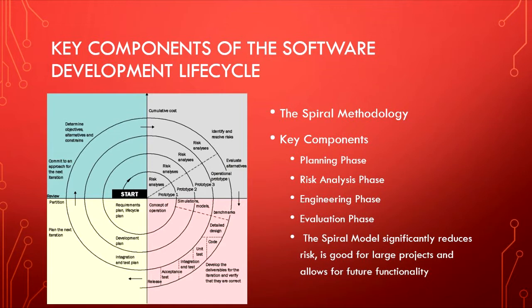Essentially, we are going to be following this model that will encompass the planning phase, risk analysis phase, engineering phase, evaluation phase. And even more specifically, the spiral model significantly reduces risk and is good for large projects and allows for future functionality. Say that things need to be added on or changed, we are able to do that to the software using the spiral methodology.